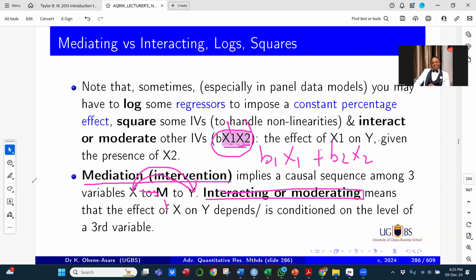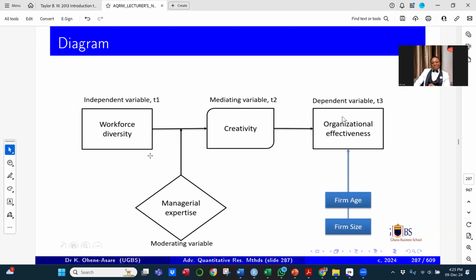Let me give you a typical example for you to appreciate it. You have an independent variable, which is workforce diversity. Workforce diversity affects creativity, which is a mediating variable, before it affects organizational effectiveness, which is a dependent variable.